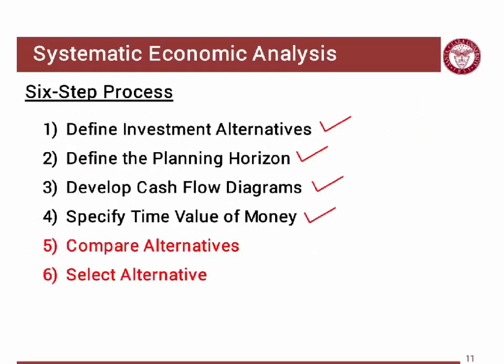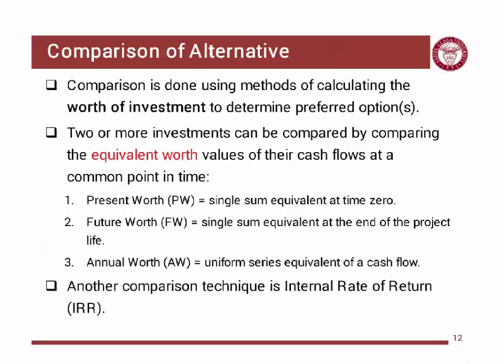Done with that, you're almost ready now to compare between alternatives and select. So you're done with all the prerequisite steps to be able to compare and select your winning alternative. So how to do the comparison between alternatives? There are different methods, and the whole idea is you need to get equivalent worth for every cash flow.